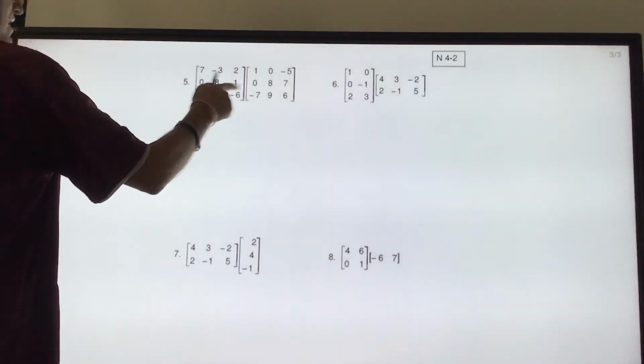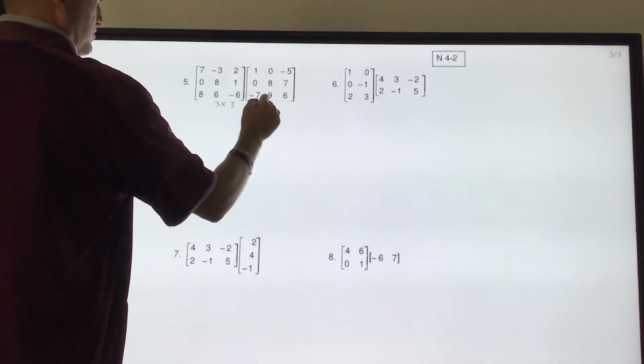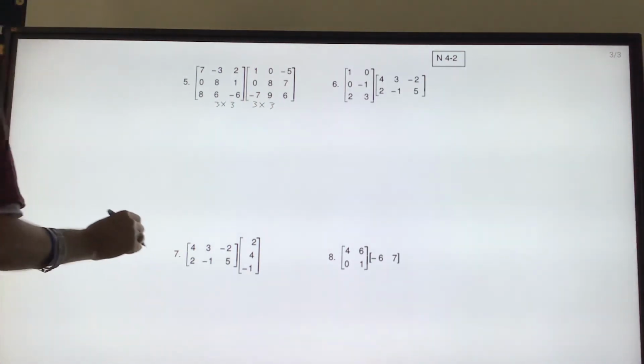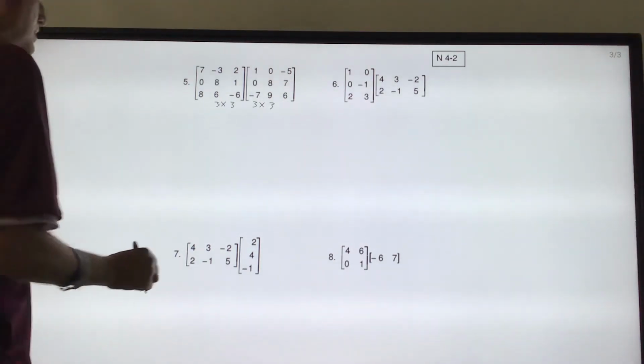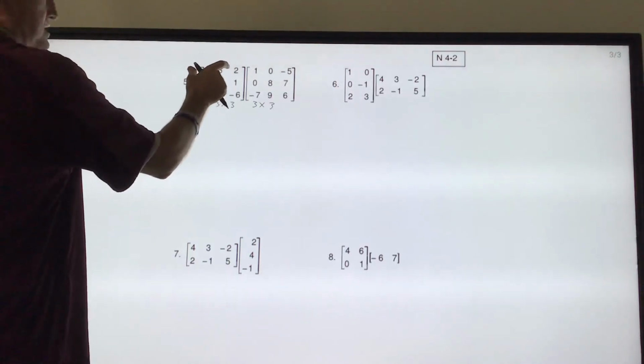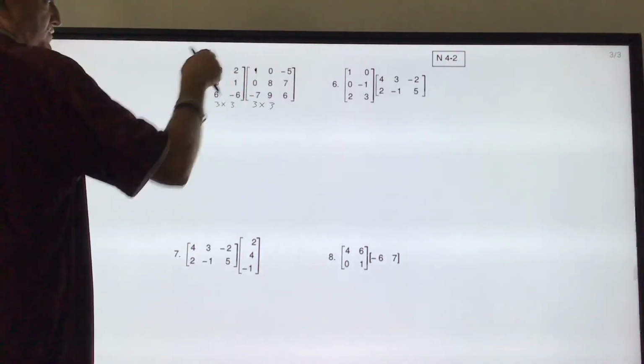All right, so I have a 3 by 3 and a 3 by 3. So the two middles do match up on this one. Okay. So now on this guy, I'm going to take the top row, match it up with the first one.